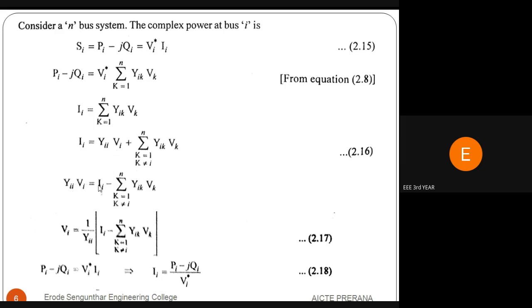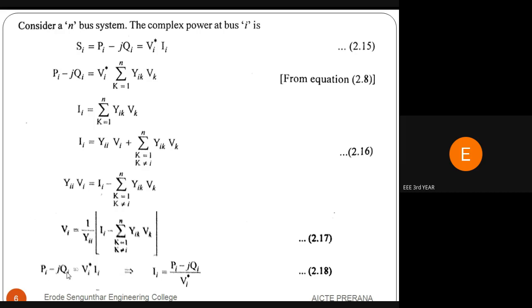Yii Vi is equal to Ii minus summation of k equal to 1, k not equal to i, to n Yik Vk. Again it is coming under the denominator. Then Vi is equal to 1 by Yii, minus summation of k equal to 1, k not equal to i, to n Yik Vk.